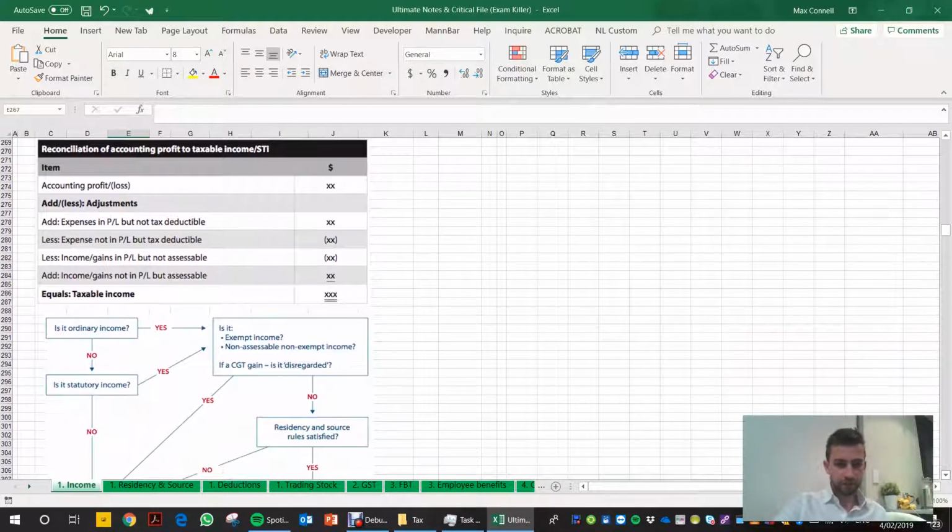I've just got a screenshot here because it's going to be the most common question in chapter 1 in your quizzes, even in your exams. Almost every exam has at least one tax rec question. What this does is reconcile the difference between your accounting profit, what you've got in your financial statements or your P&L, into your taxable income.